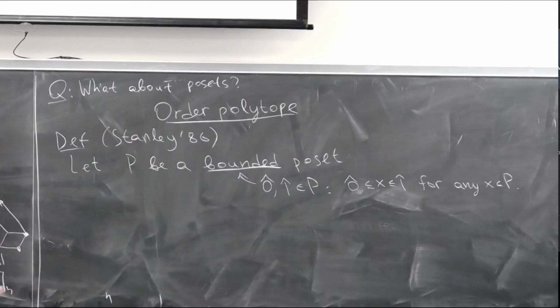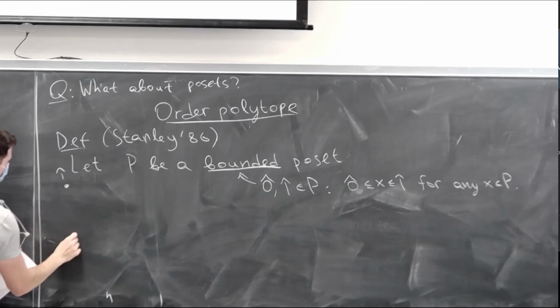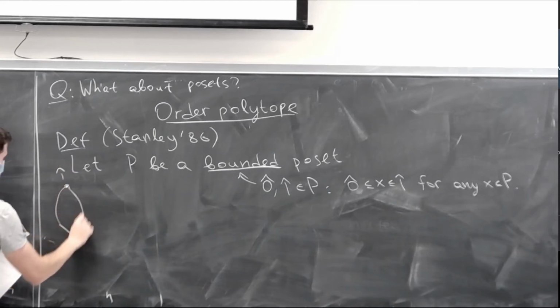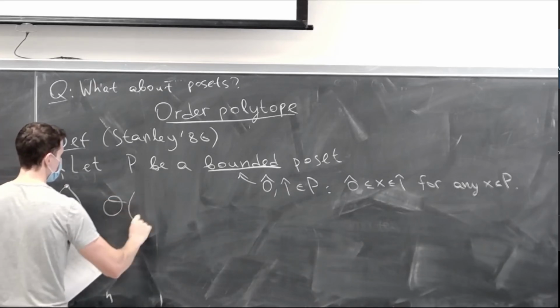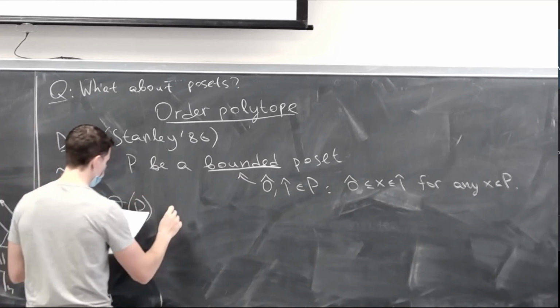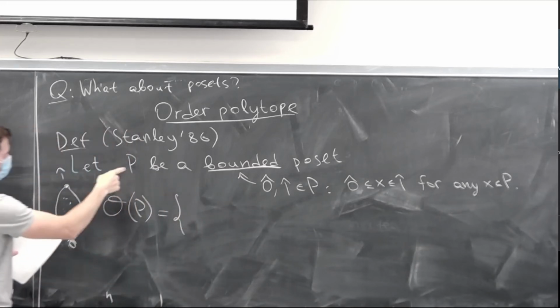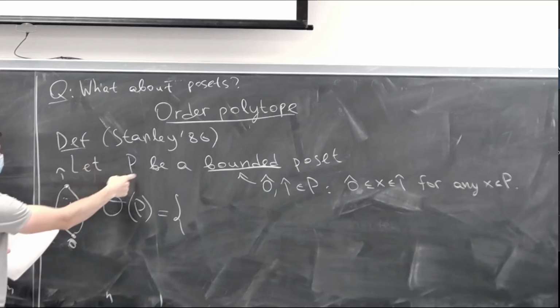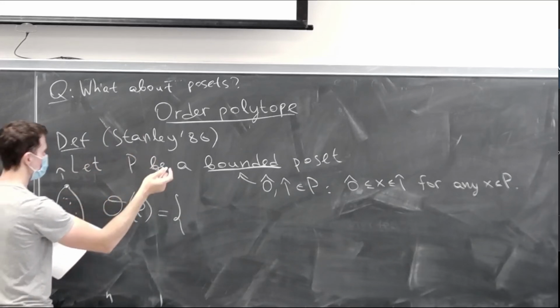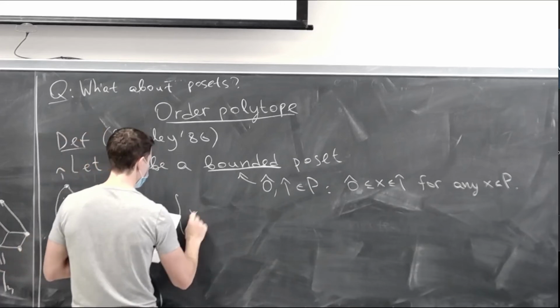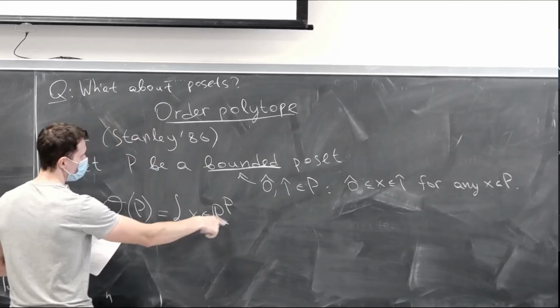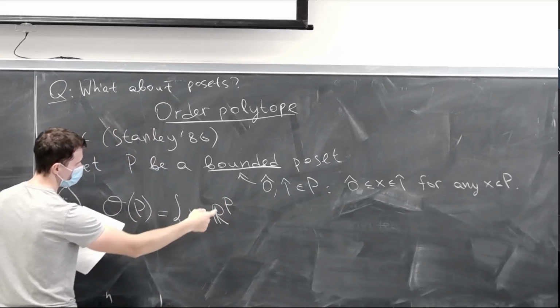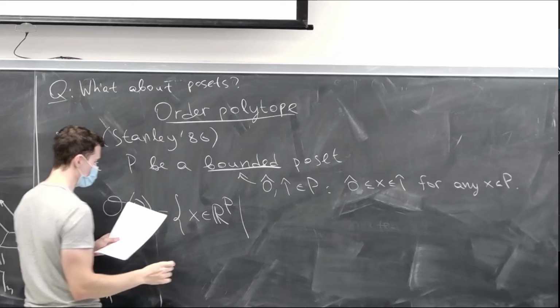So let's say you have such a bounded poset, with 1 hat and 0 hat. Then the order polytope is, by definition, a very simple thing. The order polytope is the set of all order preserving maps from P to the line segment. It's the set of all x's in R to the P, where I denote by R to the P the set of assignments of numbers to the vertices of my poset.